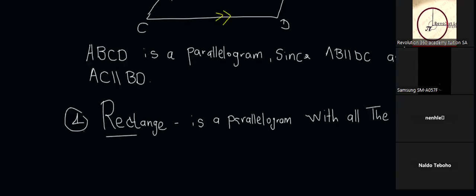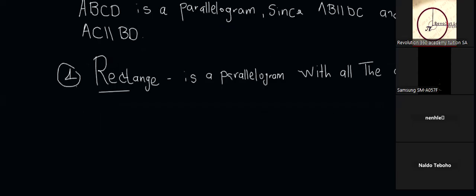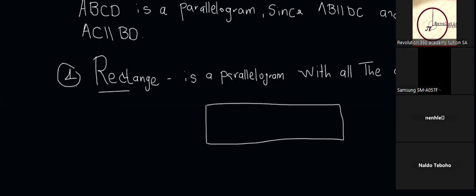So we are drawing a rectangle. It means to say a rectangle, we all know that that's going to be like this. That is going to be our rectangle right there.